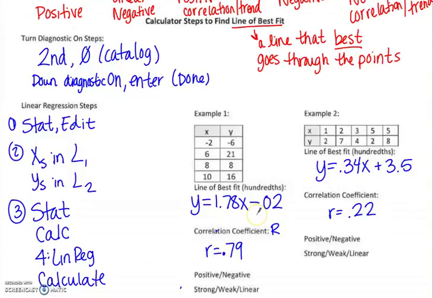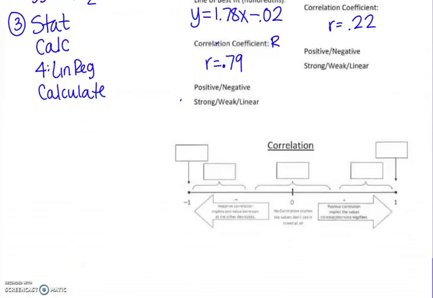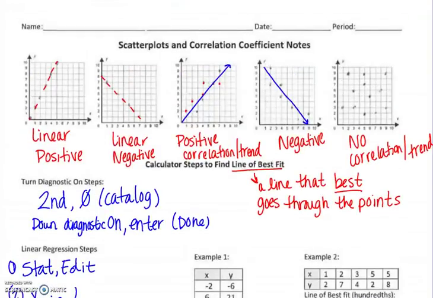This is a line that goes through those points as best as possible. The correlation coefficient, that's what we're going to talk about here real quick. Your correlation coefficient is always going to be between -1 and +1. Always. If it is exactly +1, that means it is linear and it's positive. Remember our first thing right here?